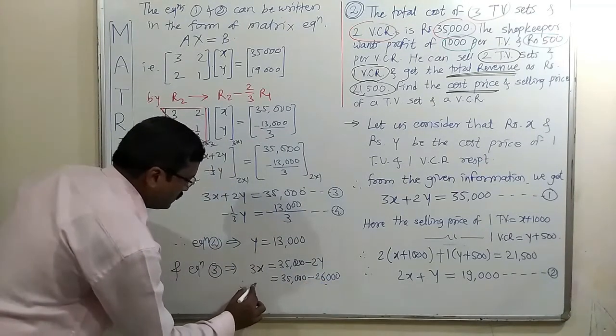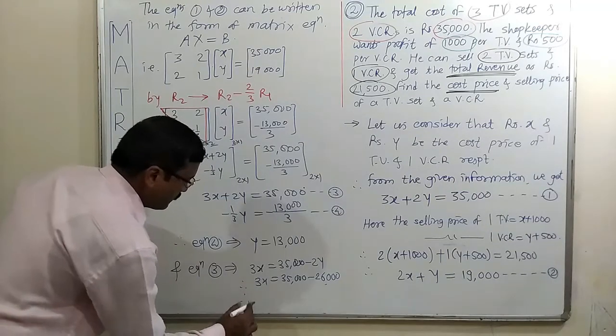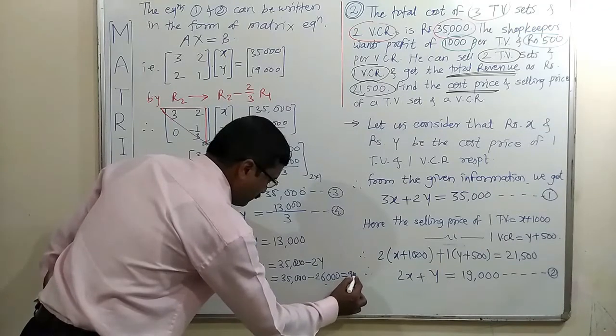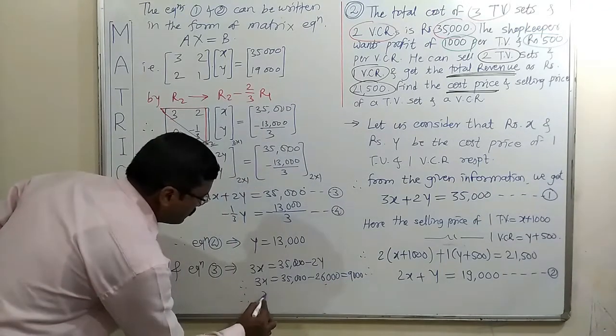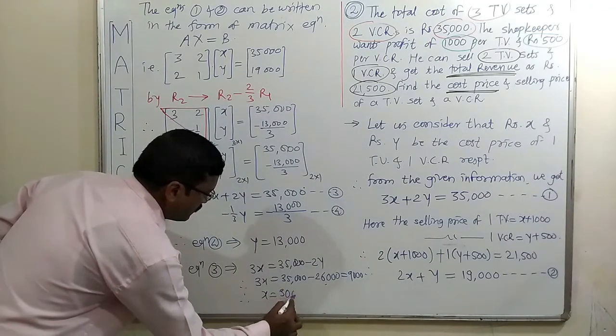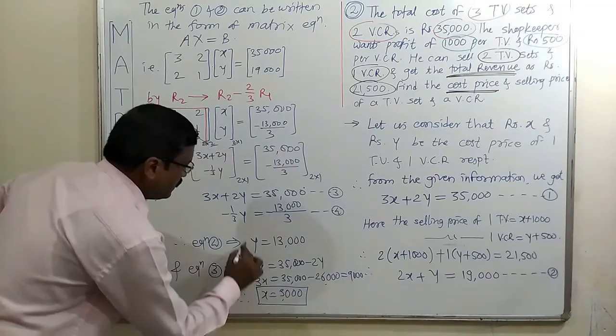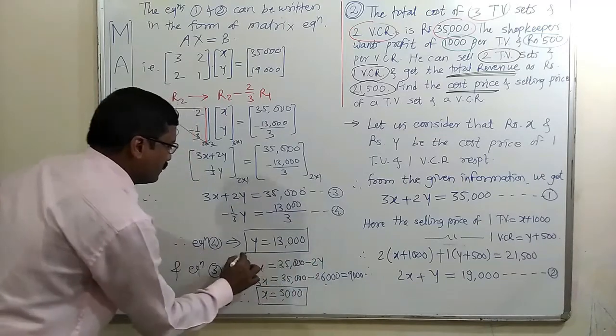So 3x equal to 35 minus 26, that will be 9. Therefore x is equal to 3,000.